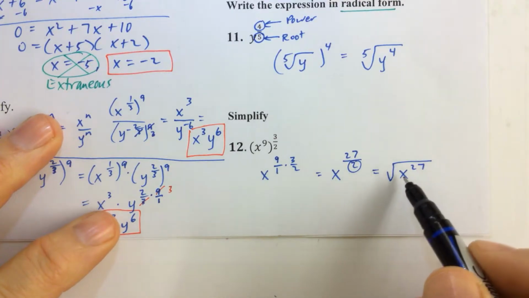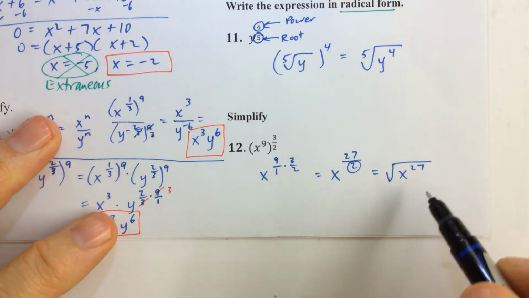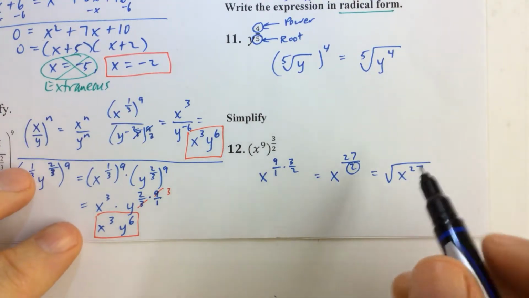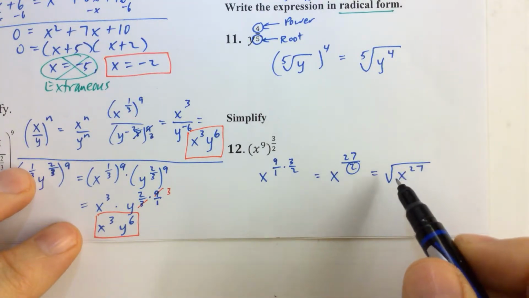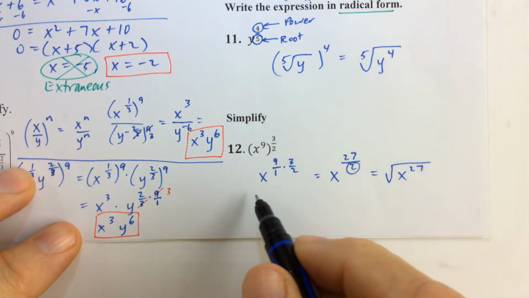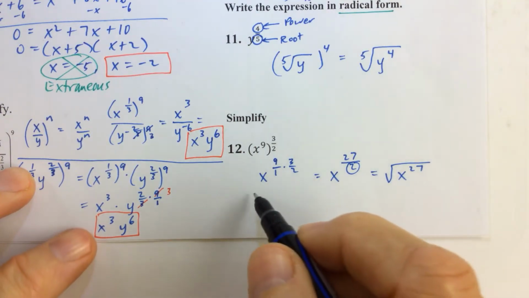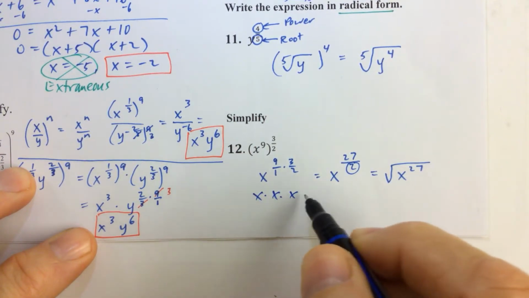Well, that's like having 27 of the same card on your desk, and then you're just taking out groups of 2. If we wrote x 27 times, that would take a lot of time.